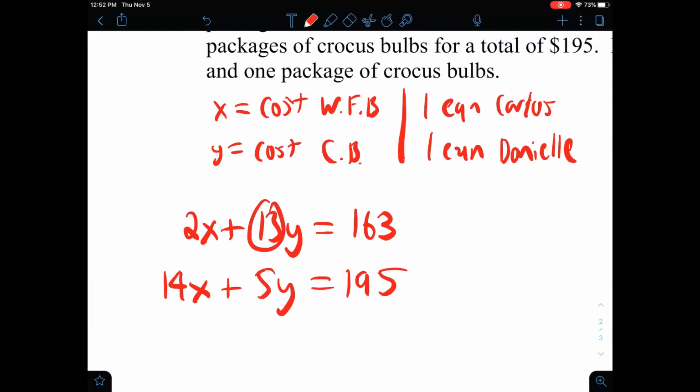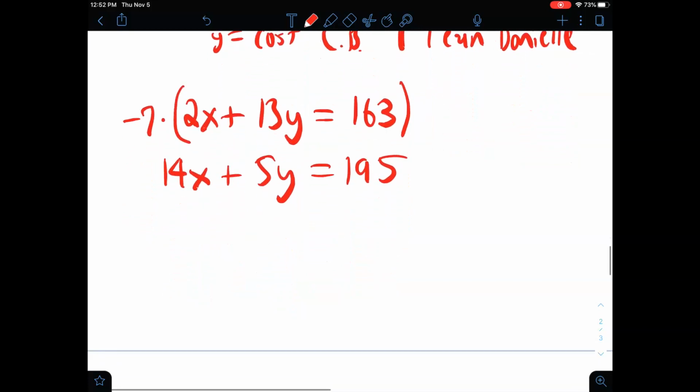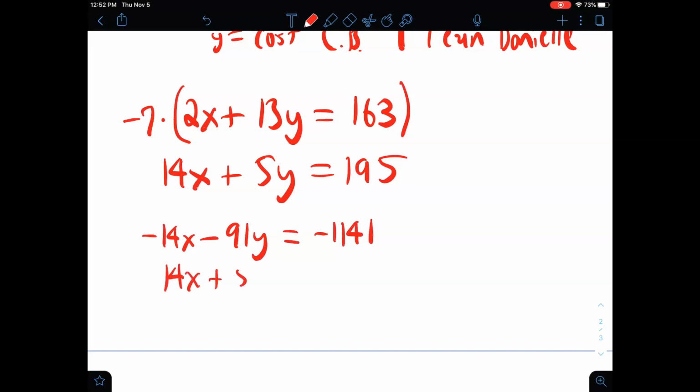All right, this one I'd probably do elimination. 13 and 5 are not going to work out nicely, but I could multiply, what's the opposite of 14x? Negative 14x. I can multiply the other equation by negative 7 to get the opposite of that. So I'm going to rewrite that. We got negative 14x minus 91y equals negative 1141. And we have 14x plus 5y equals 195.